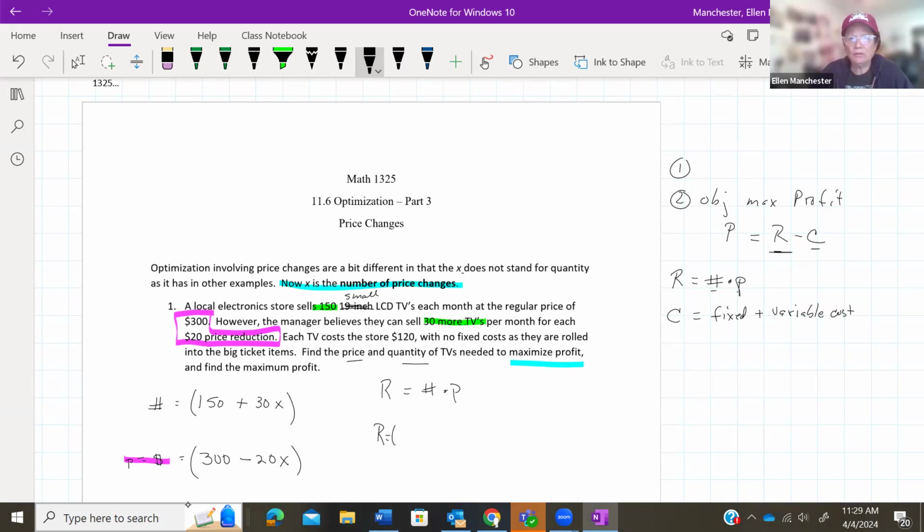So my revenue in terms of X is the number times the price. Okay, any questions so far?